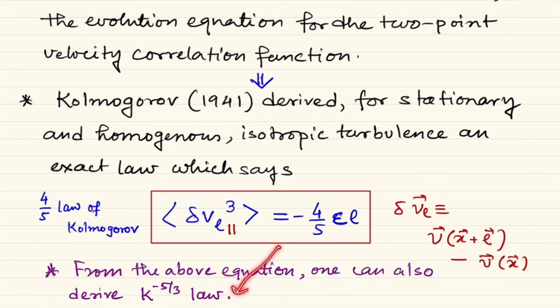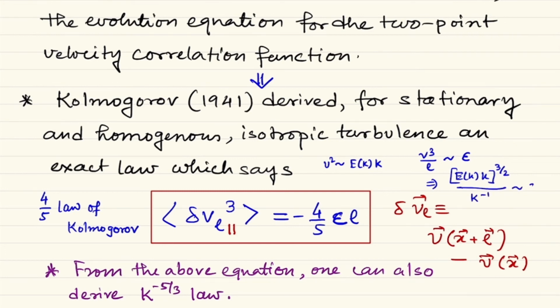Once you have V cube by L, which is of the order of epsilon and scale independent, then you know that V square is of the order of E(k) k, so you can write that V cube will be (E(k) k) to the 3 by 2, and L you can write as k to the minus 1, with epsilon.